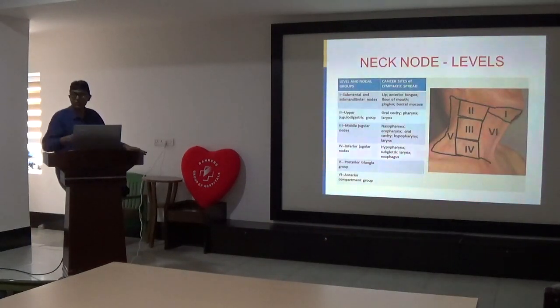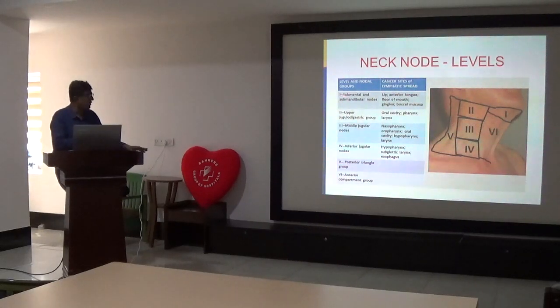Now apart from the staging part, we head and neck clinicians have these levels of nodes also. Why these levels of nodes? Because in our anatomy we study submental node, submandibular, jugulodigastric, middle jugular nodes.